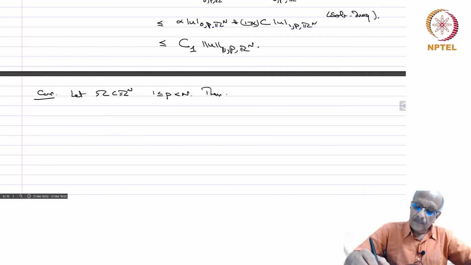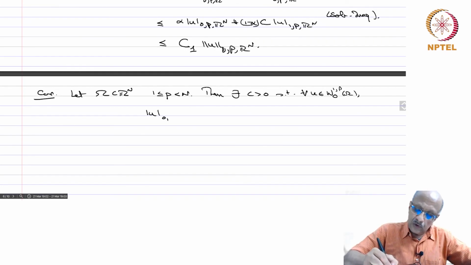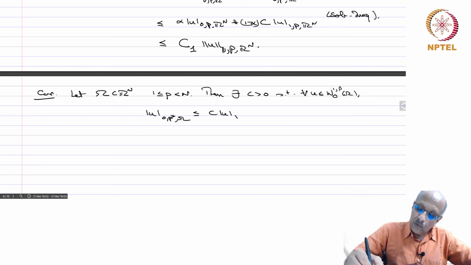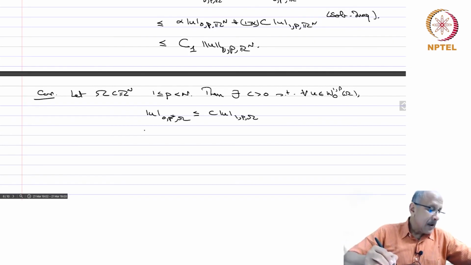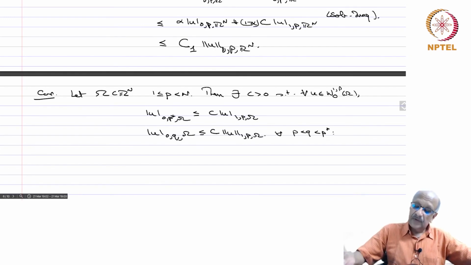Then there exists a c greater than 0 such that for all u in W^{1,p}_0 of omega, you have the norm of u in L^p star(omega) is less than or equal to c times the norm of u in W^{1,p}(omega), and the norm of u in L^q(omega) is less than or equal to c times the norm of u in W^{1,p}(omega) for all p less than q less than p star.